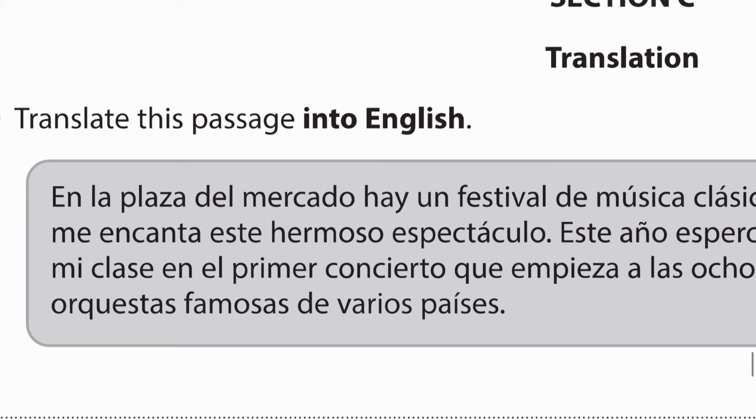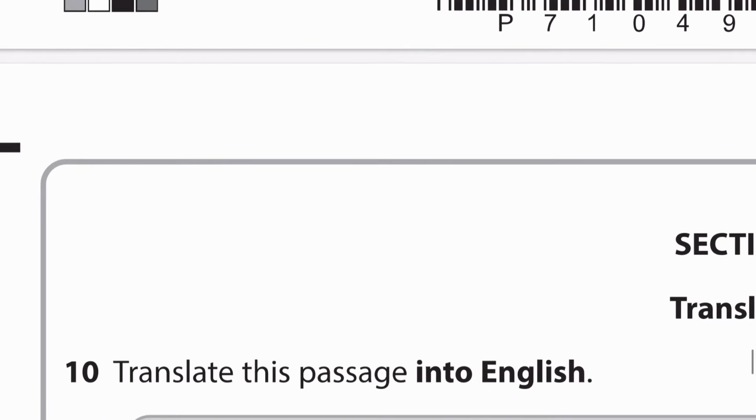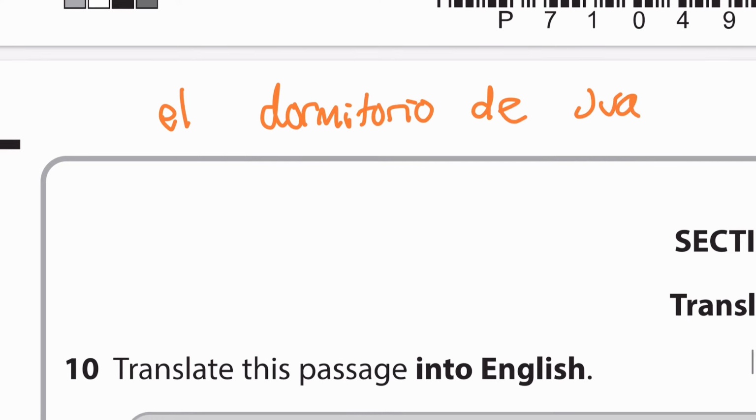Whenever we see something, there's something. In Spanish, we say, for example, el dormitorio de, like Juan. But in English, we would say Juan's bedroom. So a similar thing here I'm going to do.